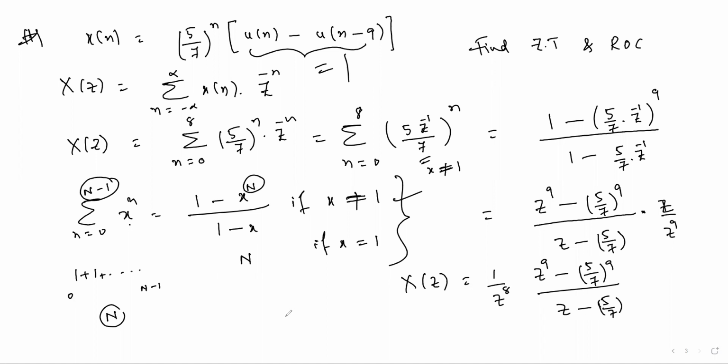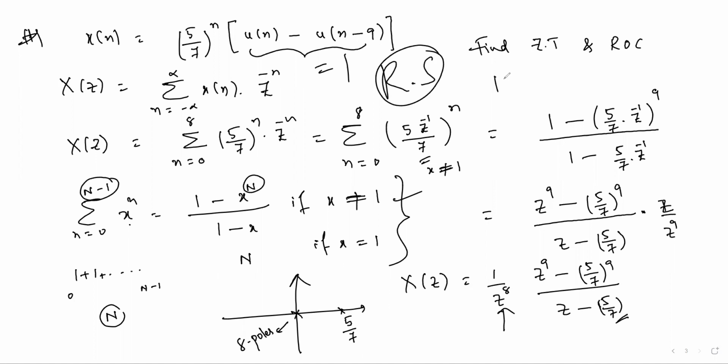So where are the poles now? To determine the ROC, where are the poles? Here there is an 8th order pole at origin, and one more pole at 5 by 7. And where can you take the ROC? Which kind of signal is it? A right-sided signal.